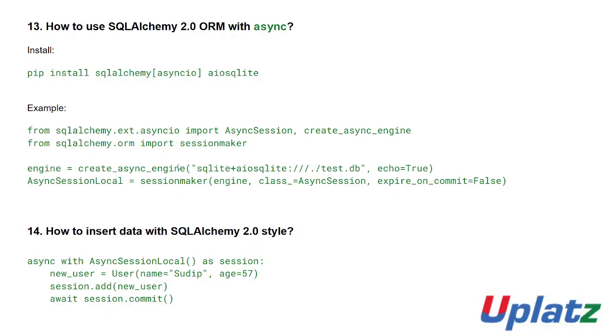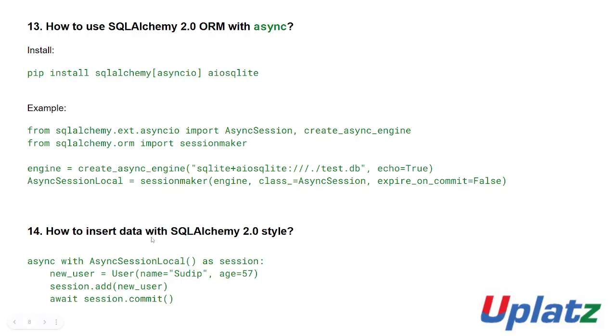Previously we used create_engine, now create_async_engine("sqlite+aiosqlite:///./test.db", echo=True). AsyncSessionLocal = sessionmaker(engine, class_=AsyncSession, expire_on_commit=False).